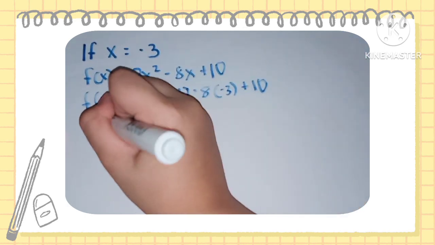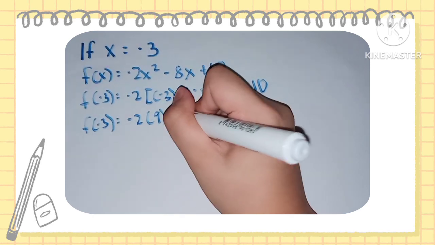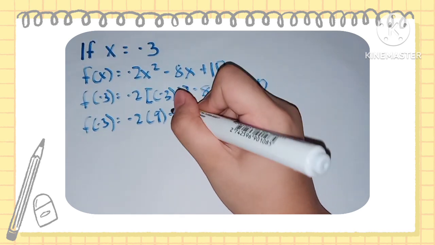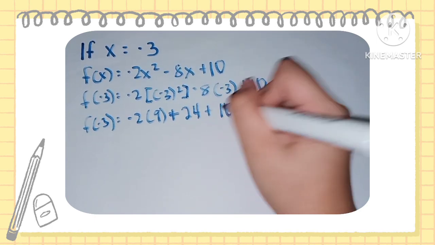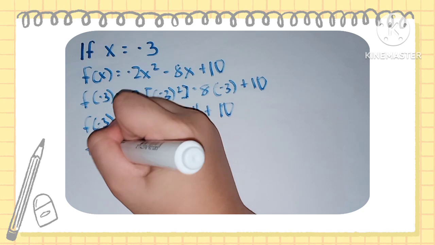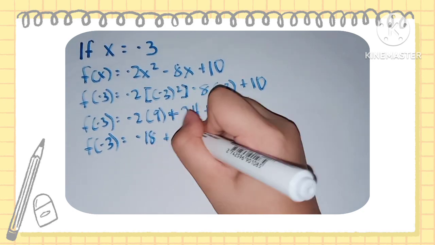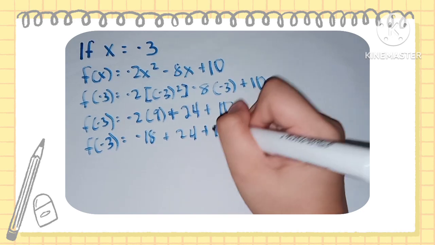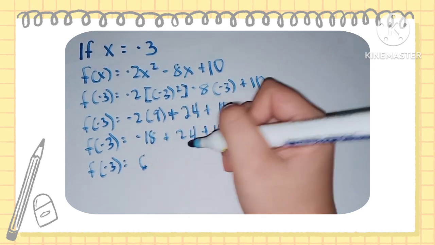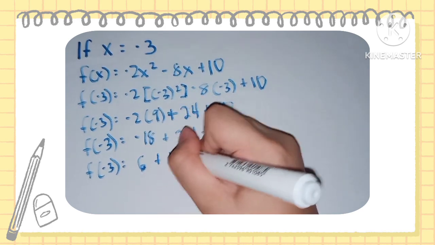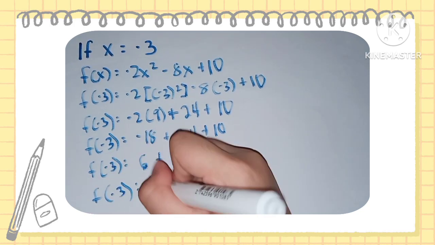After substituting, we're going to solve. f of negative 3 is equal to negative 2 times 9 plus 24 plus 10. So f of negative 3 is equal to negative 18 plus 24 plus 10. f of negative 3 is equal to 6 plus 10. And finally, f of negative 3 is equal to 16.